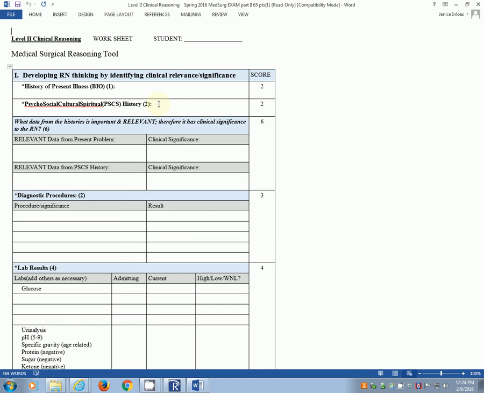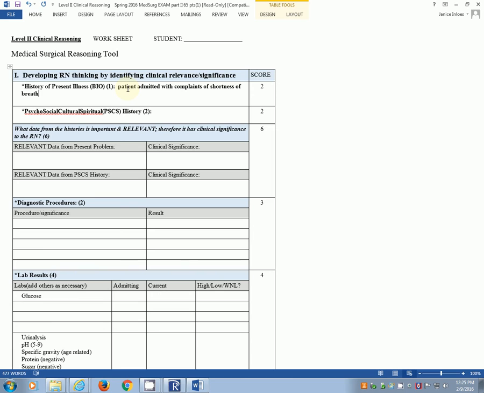So, what's the history of her present illness? Well, patient admitted with complaints of shortness of breath, pain 6 out of 10, sorry about that, sick for 3 days.